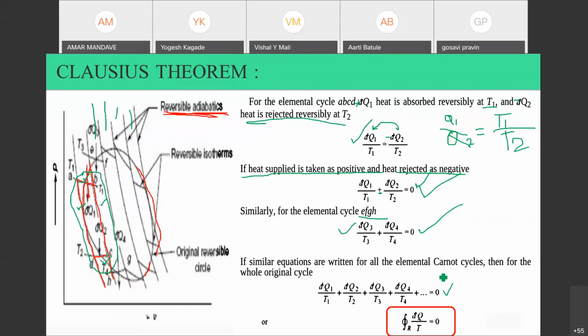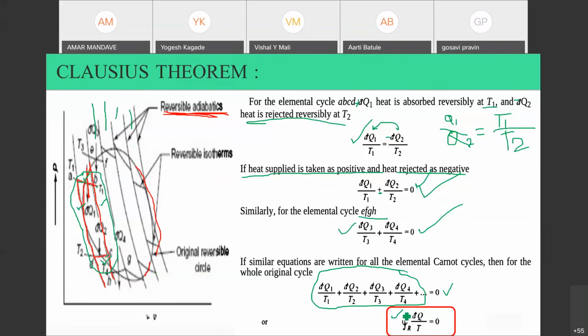Now this addition we can replace by using the integration. Because when we add all these sections, it will be the final, or the first, thermodynamic cycle.